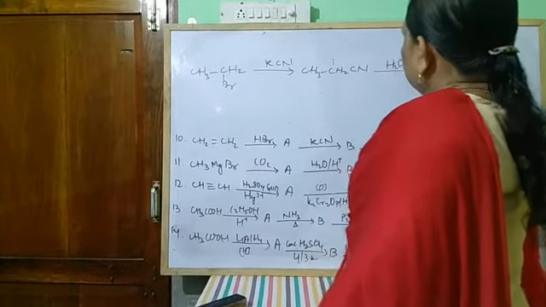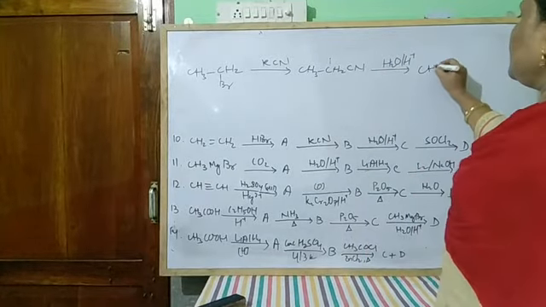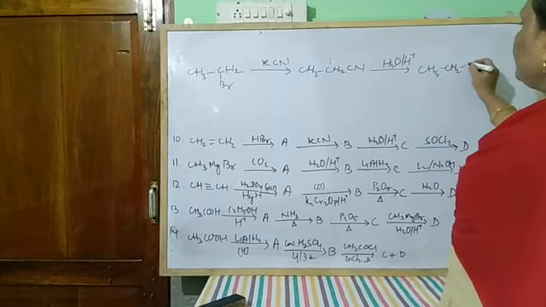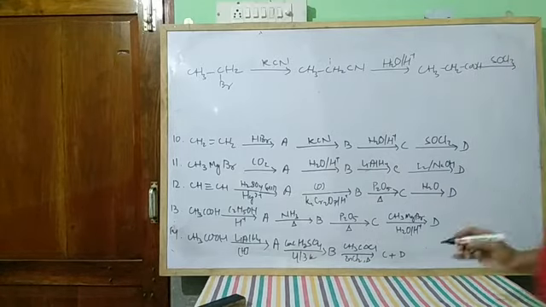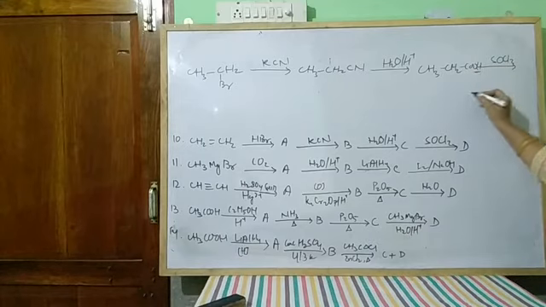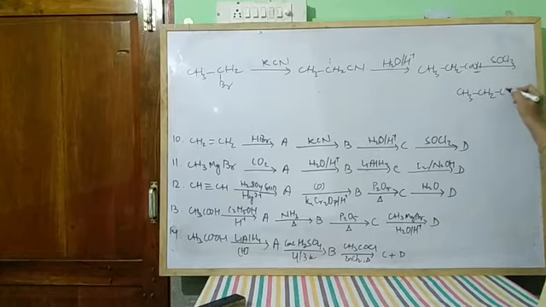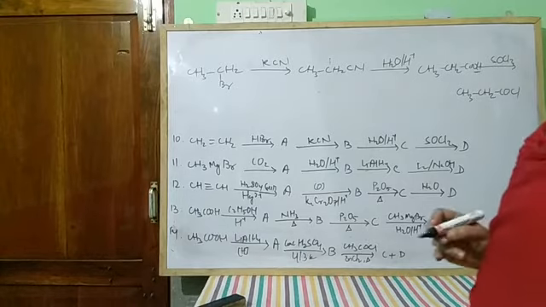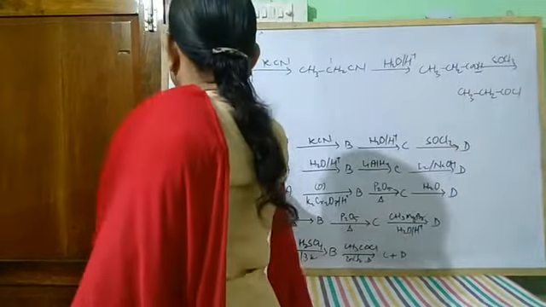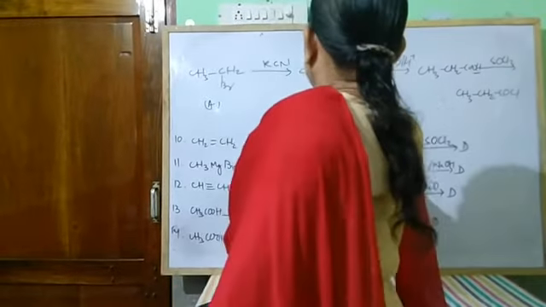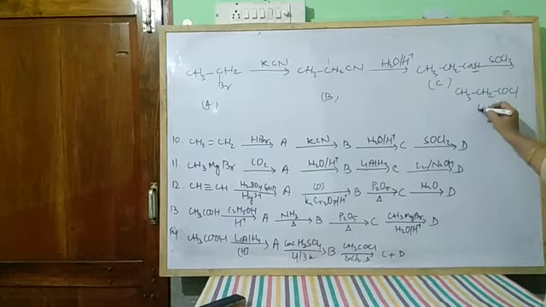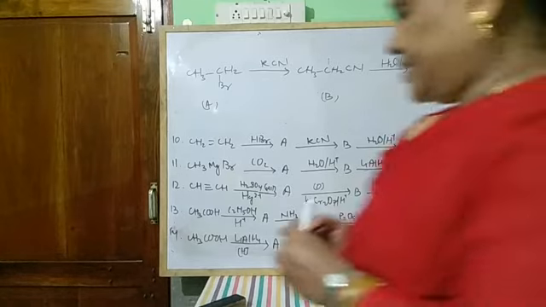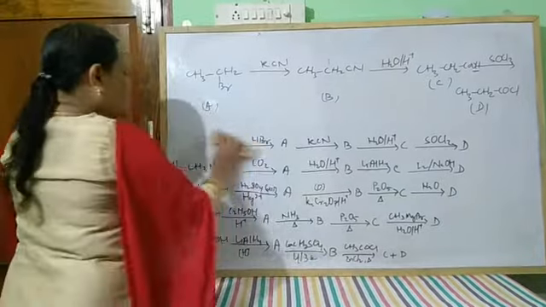Again you can remember this, CN is converted to COOH group, and when it is treated with SOCl2, the OH group is replaced. So A is ethyl bromide, B is ethyl cyanide, C is propanoic acid, and D is propanoyl chloride. Next, come to next question.